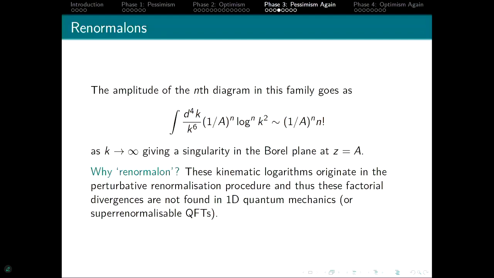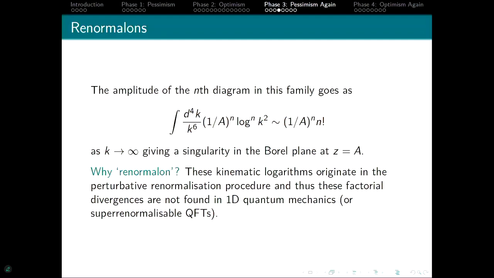Consequently, in the case of QED, there's going to be a singularity on the positive axis of the Borel plane. So this is the bad area that we want to integrate over to do our Borel resummation.